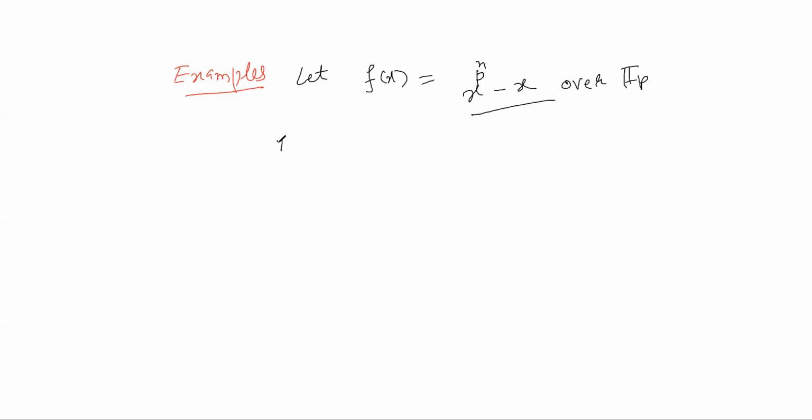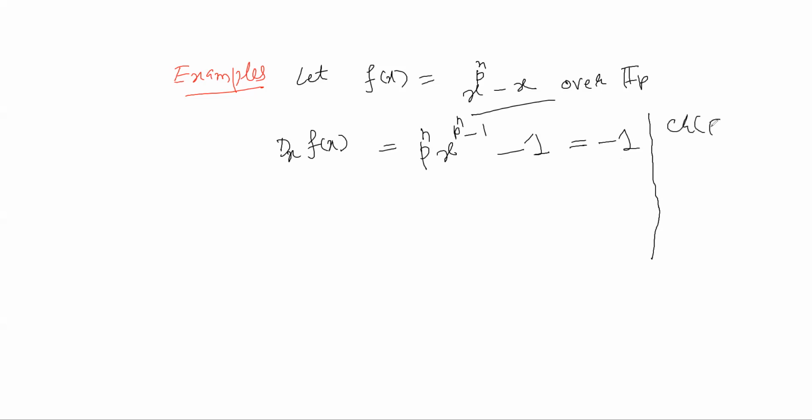You take the derivative d/dx f(x). So it would be p raised to power n times x raised to power p raised to power n minus 1, minus 1. Okay, so this is the derivative, and this is nothing but minus 1. Why it is minus 1? Because characteristic of Fp is p.